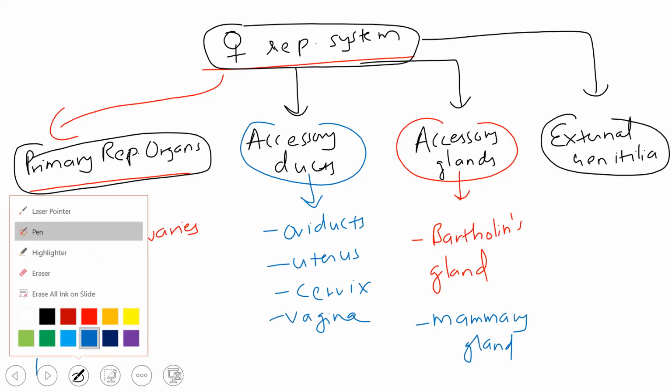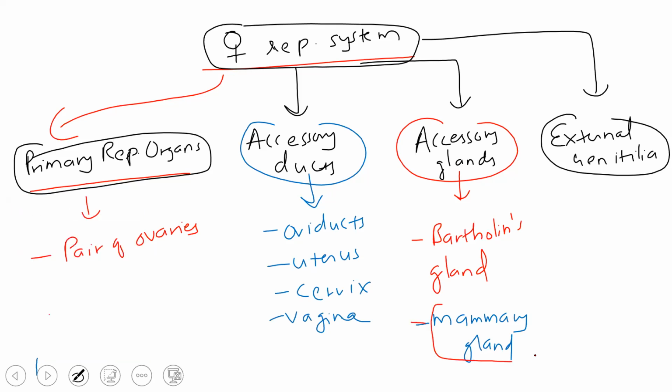In the external genitalia, we'll talk about mons pubis. Then we'll talk about labia majora and minora. Then we'll discuss clitoris, and we'll discuss hymen.